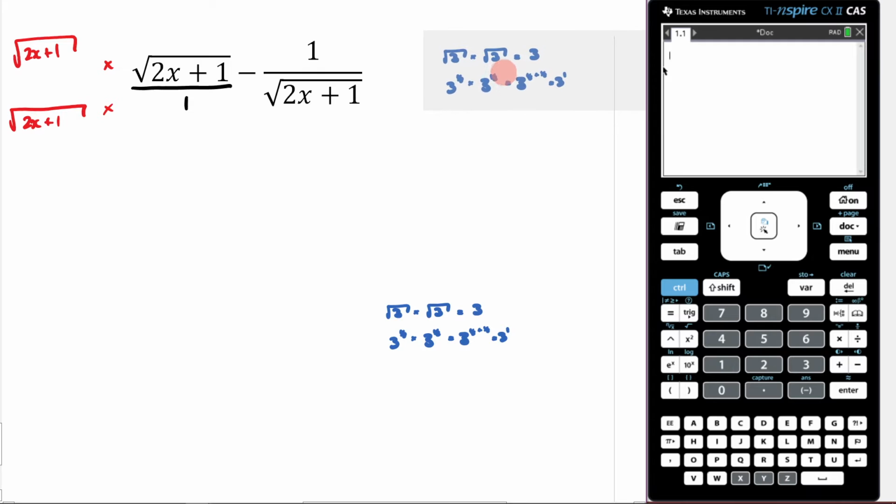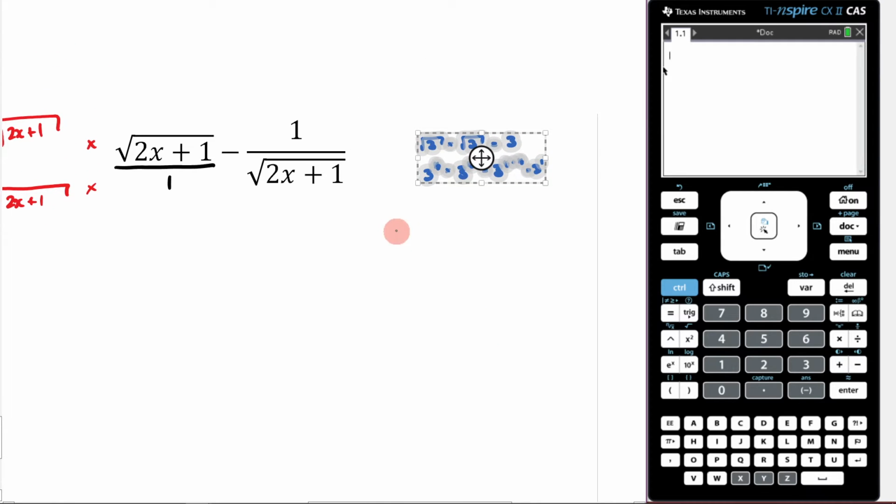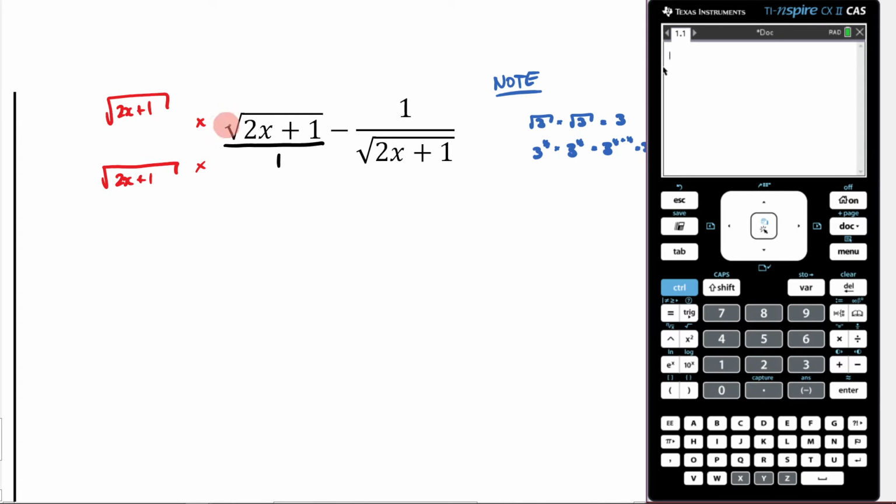So now, with this in mind, let me put it over there. If you want to write that down, maybe you could write it as a little note here. So now I've got two things being multiplied, and they're the same roots, that means I can just write this as 2x plus 1, as can be seen by this note here.